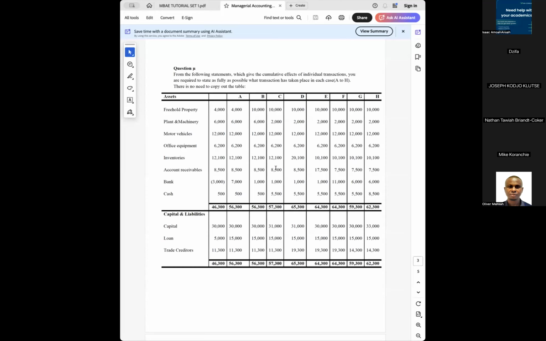So today we're looking at the same accounting equation, but how the effect of transactions, or how an effect, can be interpreted into a transaction. An effect could be interpreted to mean a transaction.